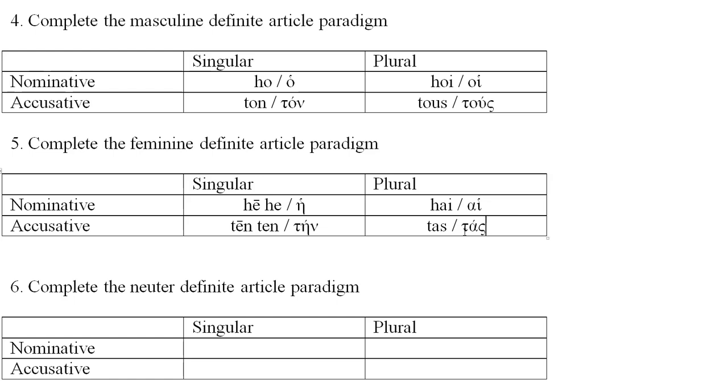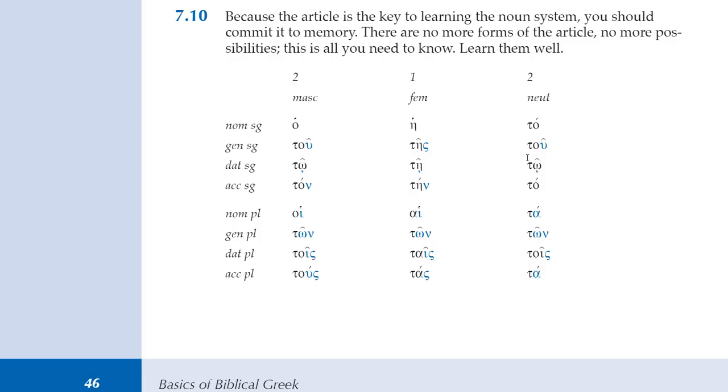So that is our feminine definite article paradigm. I will leave you to do the neuter definite article paradigm, and we're only looking at nominative and accusative again, and you'll be able to find that on your definite article chart under the neuter column, similar to how we did the masculine and feminine definite articles.